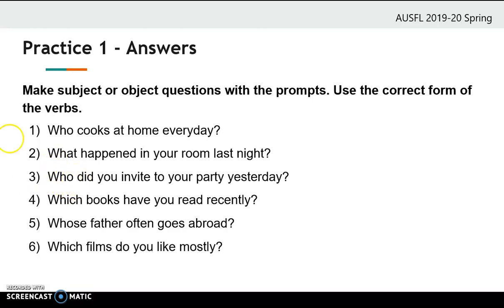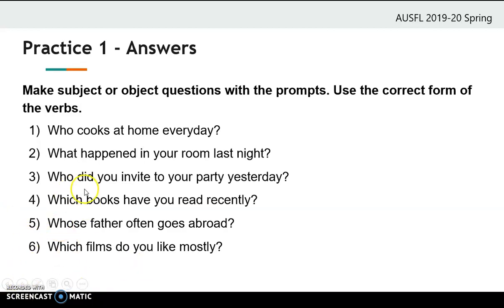Number 3. Who did you invite to your party yesterday? Here we can see the subject you, and we are asking for the object. That's why the auxiliary verb did is used before the subject you. This is an object question.